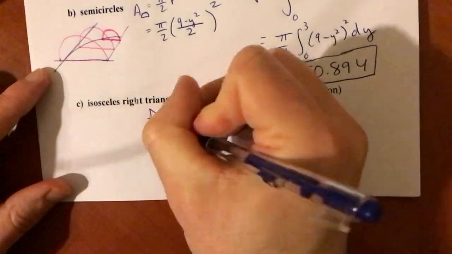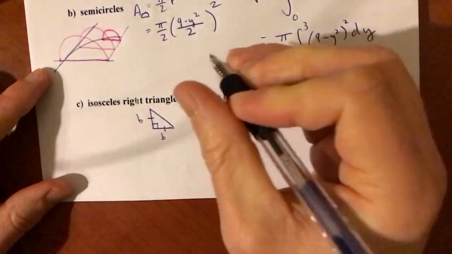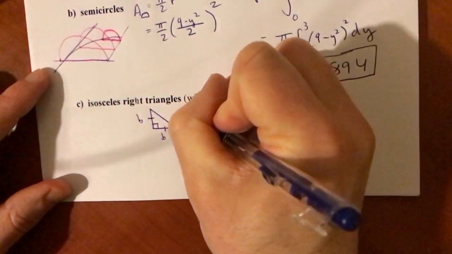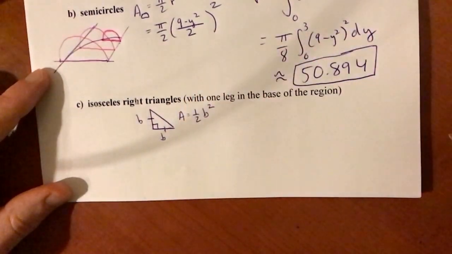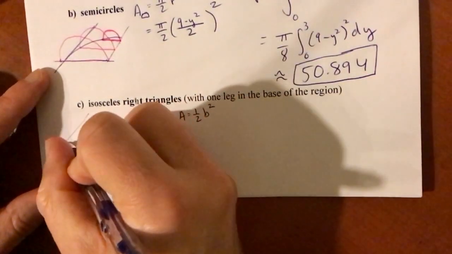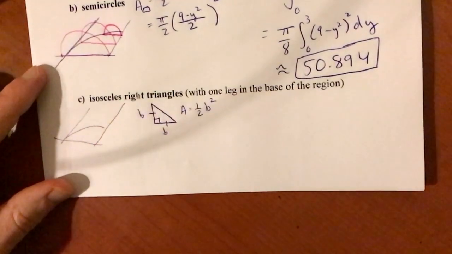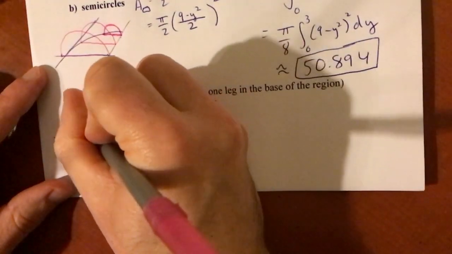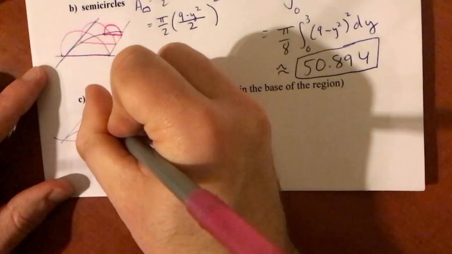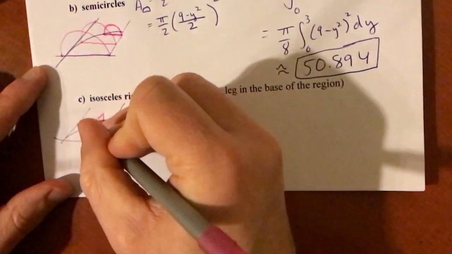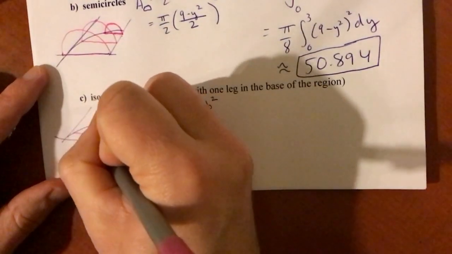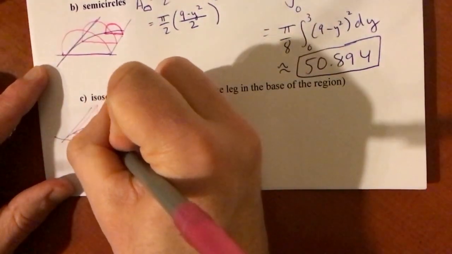So, if you want to call that any letter, the area is going to be 1/2 of b times b, or b squared. And for this same region, that slice, that distance, is the leg of the triangle. So it's like a right triangle standing up that way, or I suppose I could have made it standing up that way, but that wouldn't change the area of it.